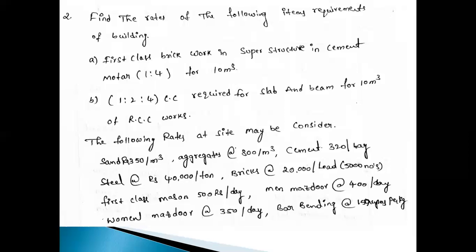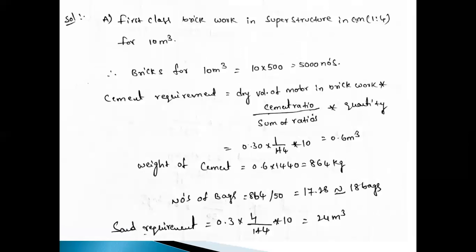So here we calculate the first class brickwork in superstructure in cement mortar 1:4, and the RCC work, cement concrete 1:2:4. First class brickwork, we find out the cement mortar.